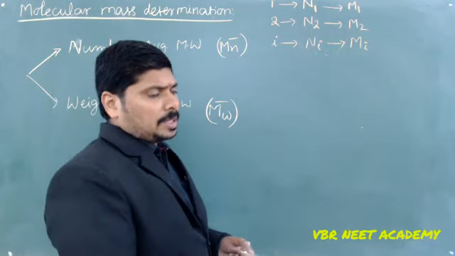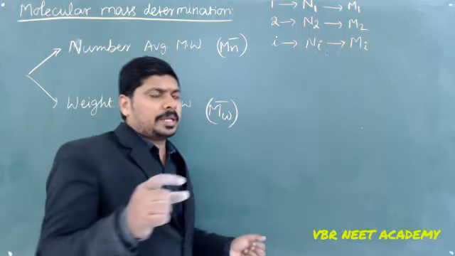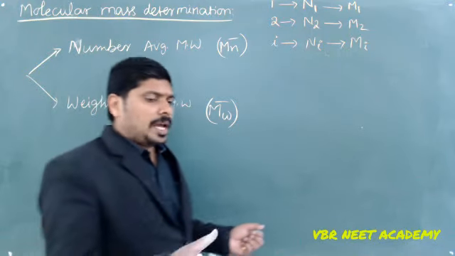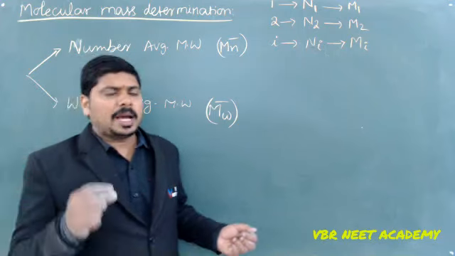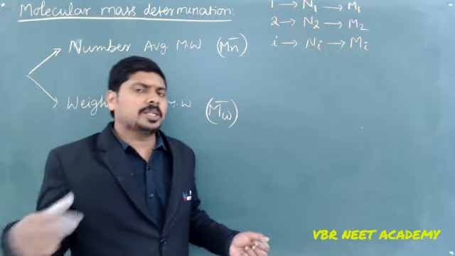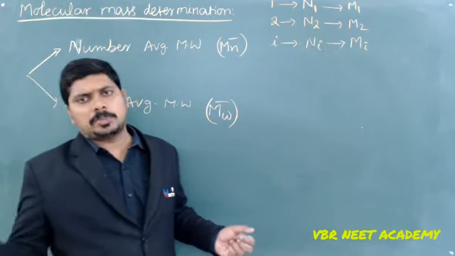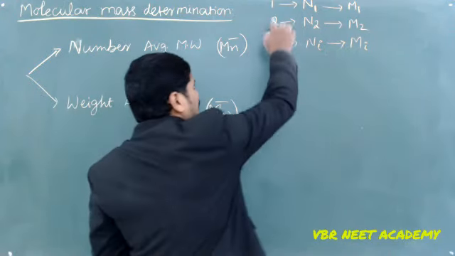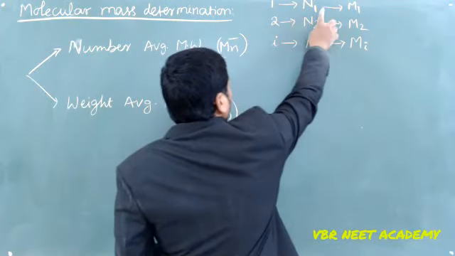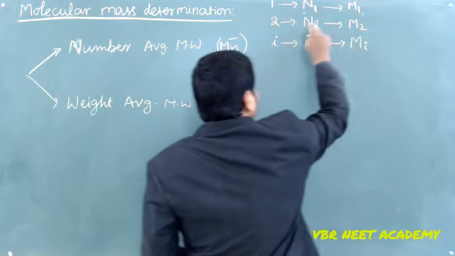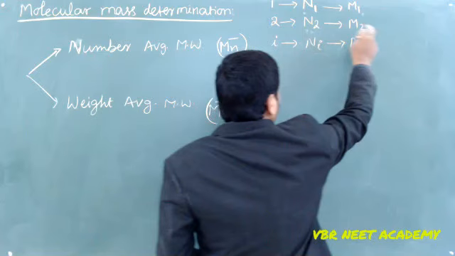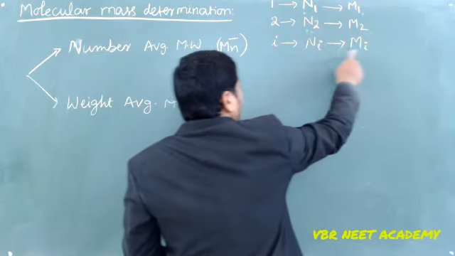We don't know. That's why, say for example, one polymeric chain with 30 units has a certain molecular weight, one with 40 has a certain molecular weight, one with 60 has some molecular weight. Like that, I take one polymeric chain with N1 monomeric units and M1 molecular weight, N2 monomeric units with M2 molecular weight, and Ni and Mi.